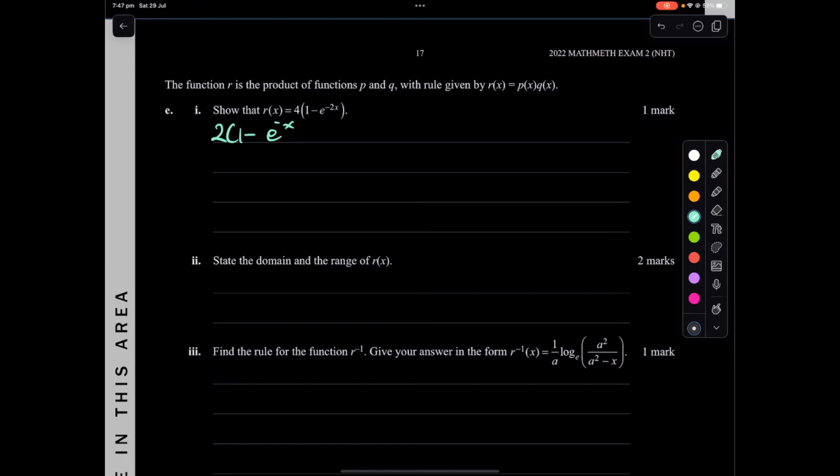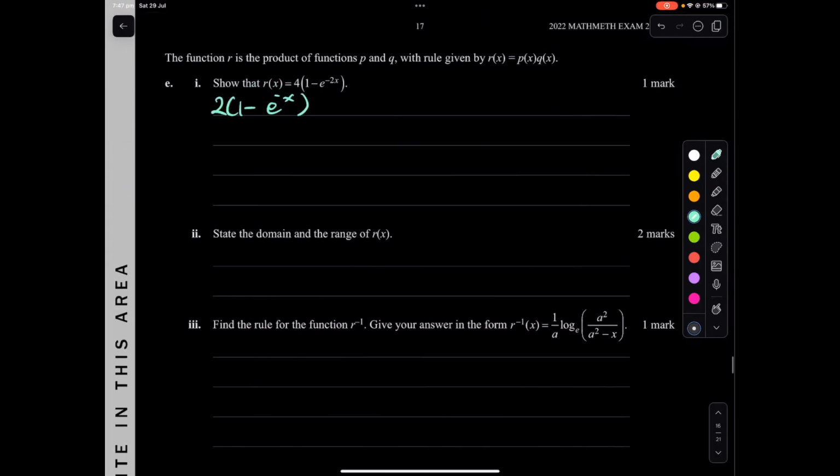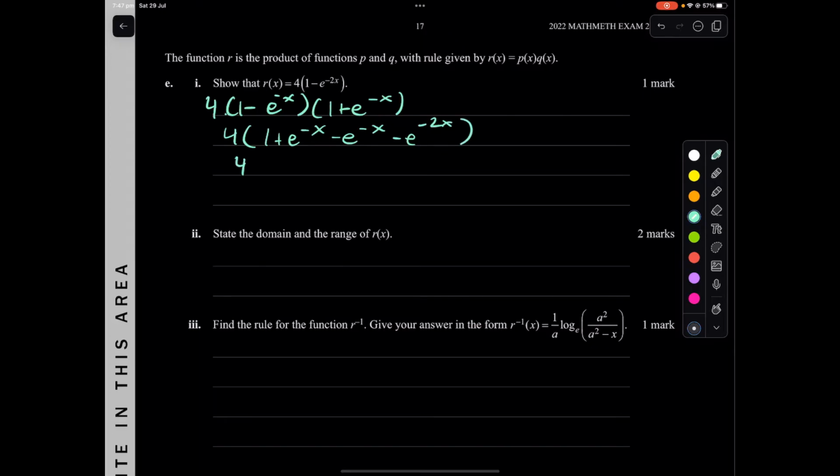Multiplied by, again, 2, so we can just say that's 4, times 1 plus e to the negative x. Multiplying that all out, it'll be 1 plus e to the negative x minus e to the negative x minus e to the negative 2x, which is 4 times 1. These cancel out anyway, so it'll be negative e to the negative 2x. Yeah, we've shown that.